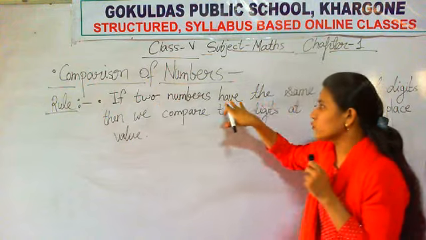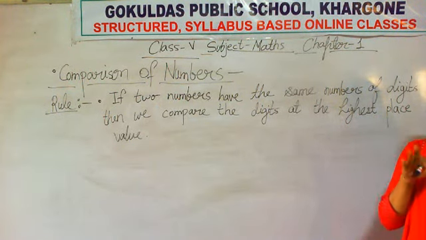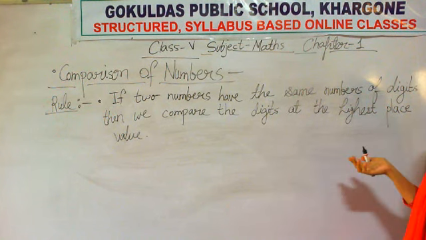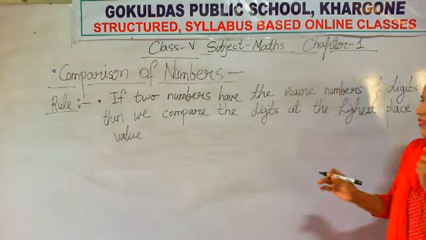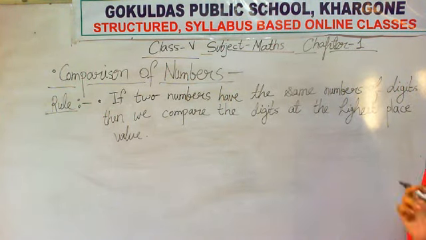What is the rule? If two numbers have the same number of digits, then we compare the digits at the highest place value.